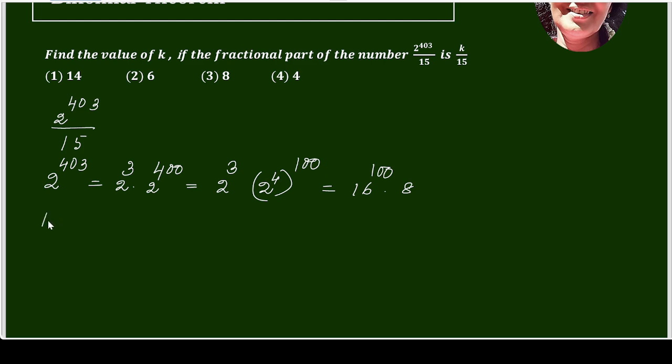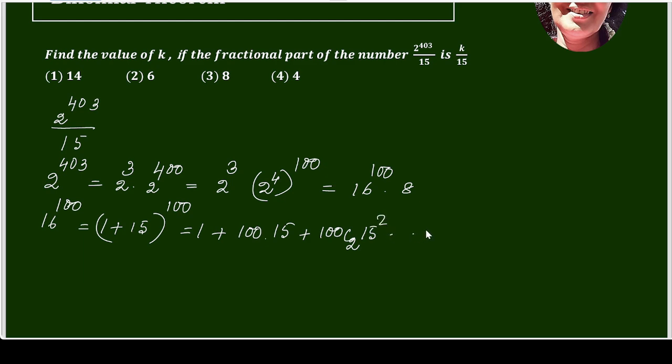Now 16 power 100 can be written as (1 plus 15) power 100. Using the binomial theorem, this is 1 plus 100C1, that will be 100 into 15, plus 100C2 into 15 square.